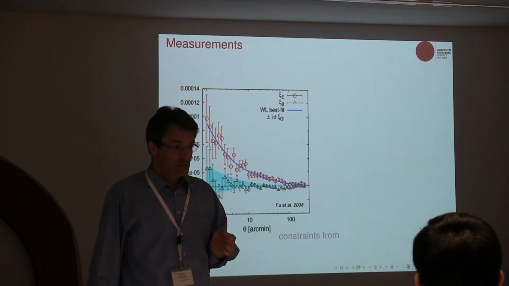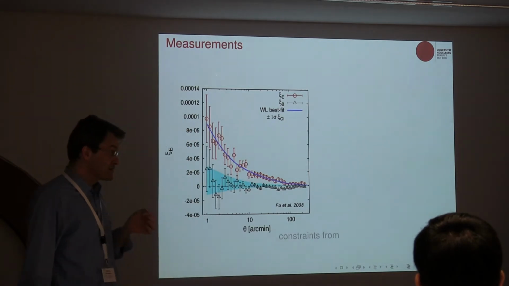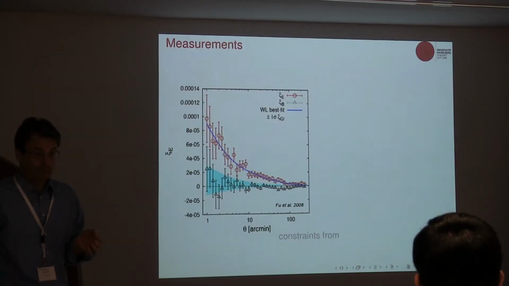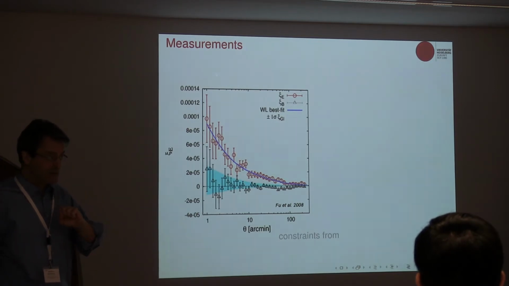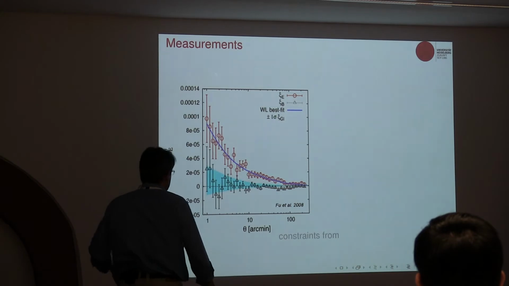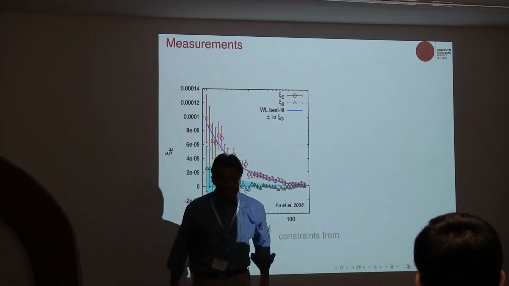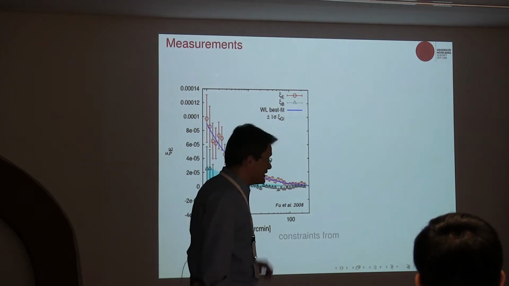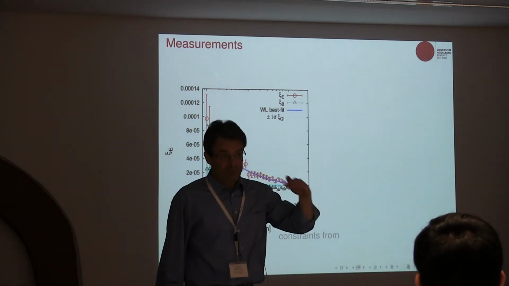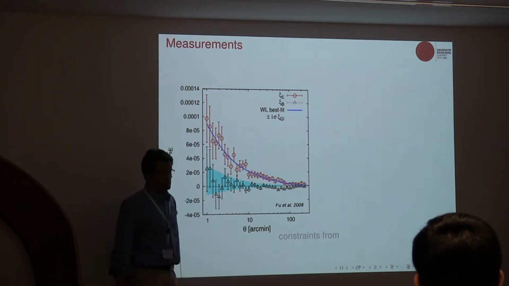And gravity cannot cause the curl component. In analogy to the electromagnetic field, that's called the B-mode contribution. Any pattern that would have a rotational contribution. So we know that if we can measure this B-mode contribution to the gravitational lensing signal, it cannot be caused by gravity, so must be caused by some systematics. So usually in these plots what you see is an E-mode and a B-mode correlation function, and you hope that the B-mode correlation function is compatible with 0.